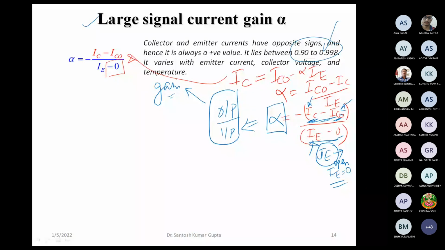These are typical values. It doesn't mean any transistor cannot have lower than 0.9, or any transistor cannot have more than 0.998. It is not like that, but one must see that alpha has to be always lower than 1. Alpha cannot be equal to 1 or greater than 1. Alpha is always going to be less than 1.